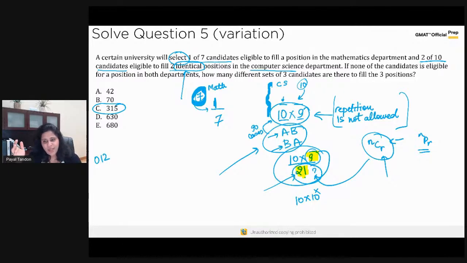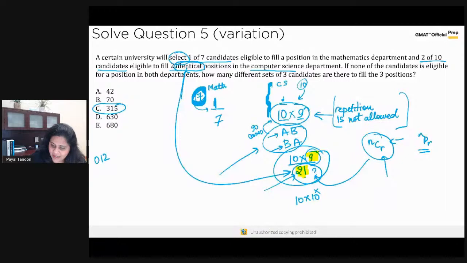And what am I doing from the understanding that these are identical positions? I am saying that I need to divide this by 2 factorial. This information that these are identical positions leads me to divide this by 2 factorial, because this tells me that this is a selection problem and not an arrangement problem.